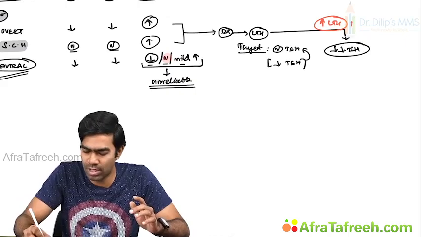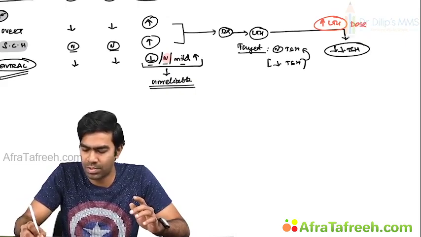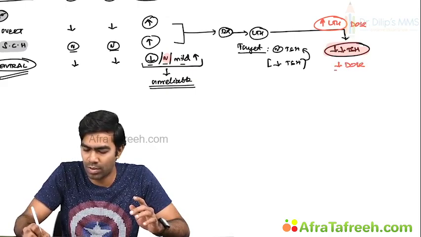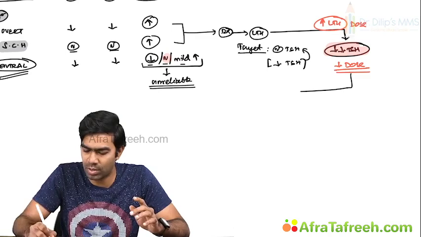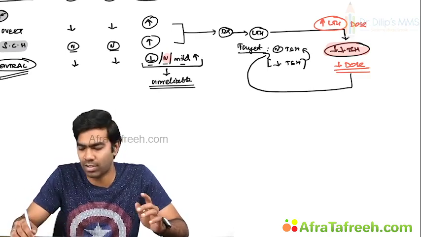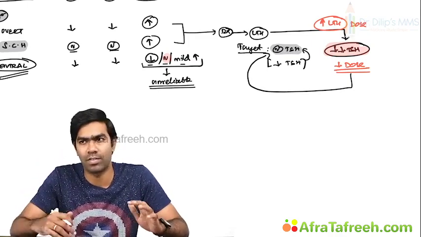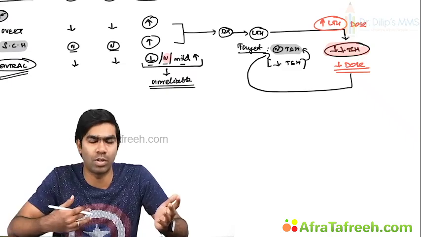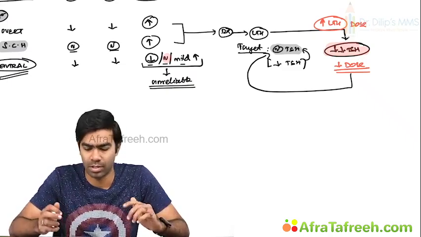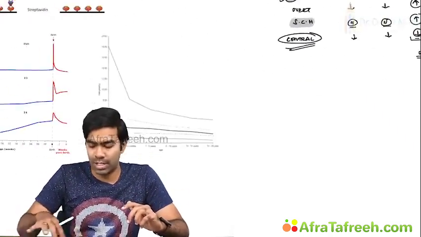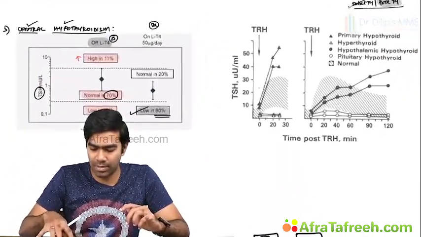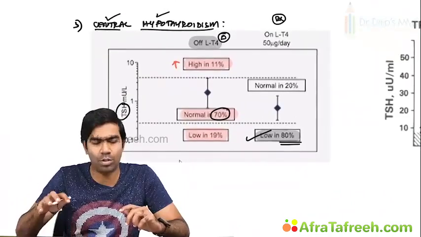If you observe this pattern, you are trying to reduce the dose of levothyroxine so that once again you can normalize the TSH. The idea is to keep the TSH in the normal range. Dose has to be titrated accordingly. If you give a higher dose, TSH will go below the normal range. Clear? So these are the major concerns here in a patient with a secondary or a central hypothyroidism.